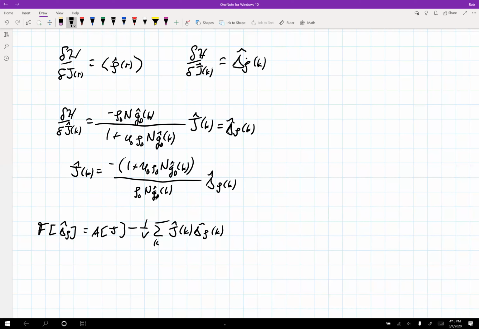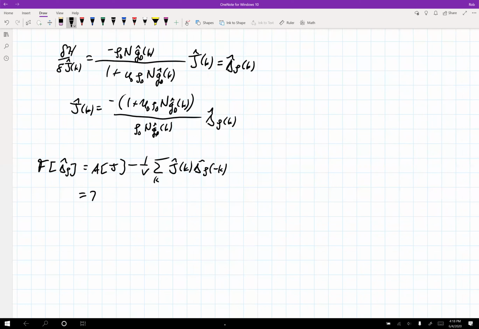I'm sorry, this should be minus k. Apologies. My pen's not wanting to work all of a sudden. There, minus k. And again, this is from that definition of the Legendre transform, and this A of j is still just going to be equal to our Hamiltonian, right? So this is W of j minus 1 over V, sum over k, j hat of k, delta rho hat of minus k.